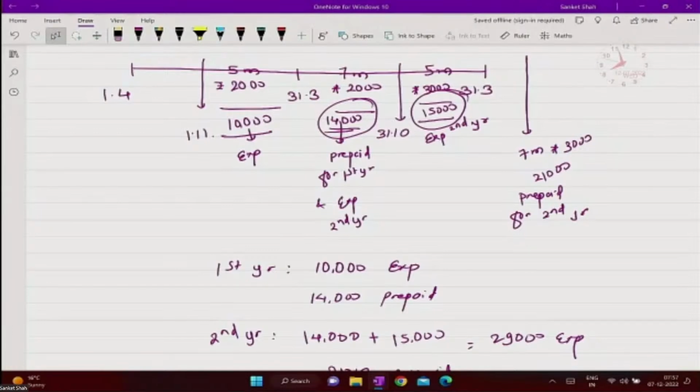Beta, please check, first year was 24,000. Yes. Now it's easy or difficult?